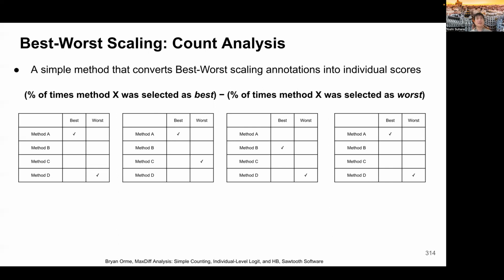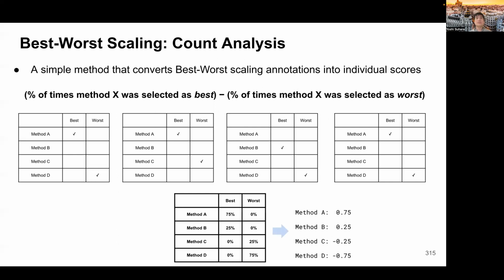Look at the example. We have 4 sets of annotations. Then we can calculate the percentage of times chosen as the best and worst for each method, which can be converted into scores.